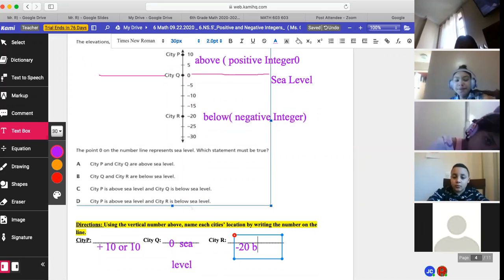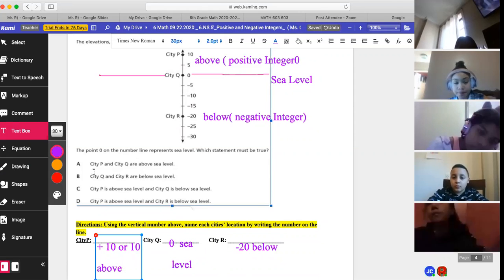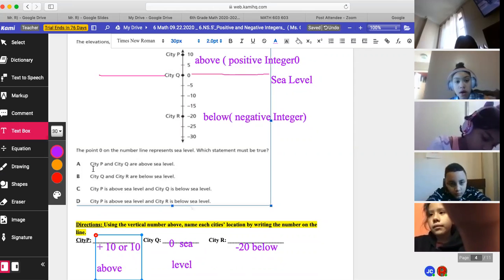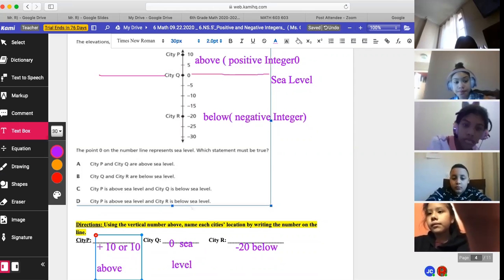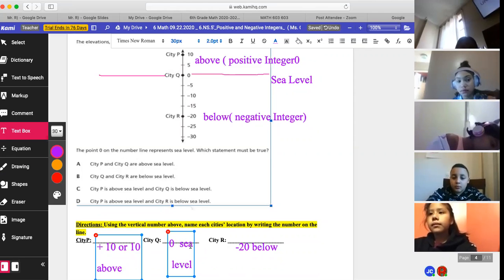And we're going to write that this is below, and then here this was above. You'll see why I'm writing these words down. You have to decide which statement is true based on this vertical number line. So let's look at A. City P is above, it's at 10, and city Q is at sea level. Here it says both are above. Is that true? Are both above?